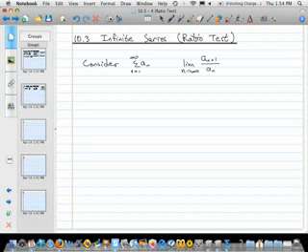All right? So this is the ratio of consecutive terms near infinity.